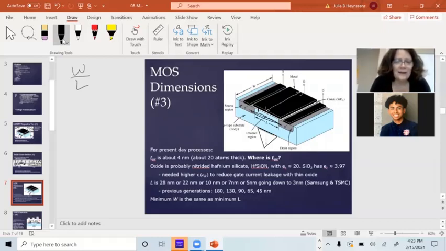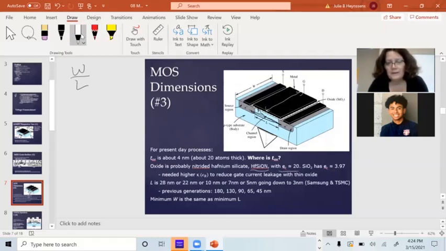The actual oxide, the material we put in here, is probably nitrated hafnium silicate, which is also going away. It has a relative dielectric constant of 20.